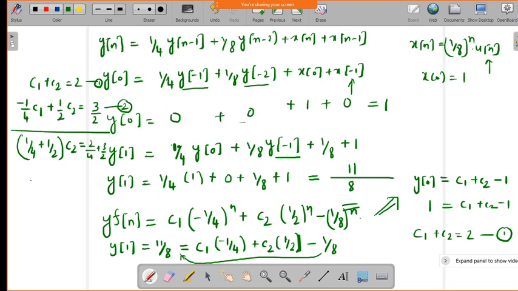So what is the value of C2? This is 3 by 4 of C2, which is equal to 1 by 2. So C2 is equal to 4 by 6, or you can write it as 2 by 3. Okay, so the C2 value is equal to 2 by 3.